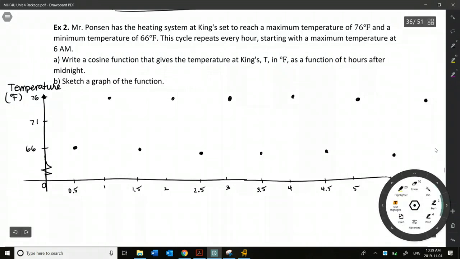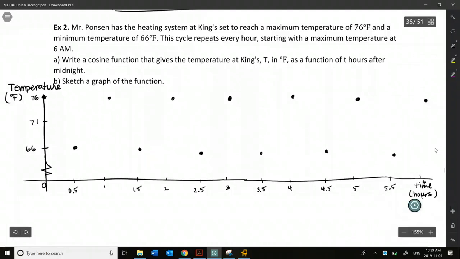And then when do we hit the middle temperature of 71 degrees? 45 minutes, and also there's another one. So 45 minutes, it would hit the middle, and 15 minutes. So every 15 minutes and 45 minutes of the hour, we'll hit those middle temperatures there.